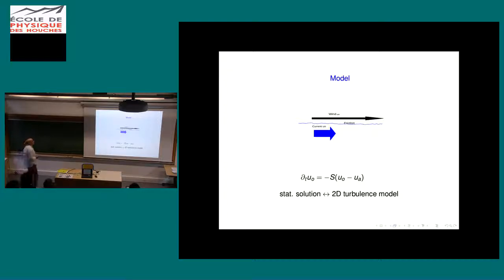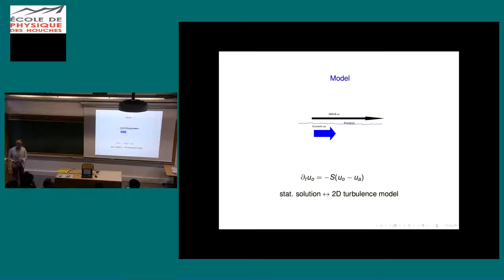If you look at this equation, it is a Langevin equation. You have the atmosphere here, which is moving very fast, and you have the ocean here, which actually dissipates. If you multiply this equation by UO, what you get is UO dUO/dt equals minus S UO squared minus UA UO, and the left side is actually 1/2 d/dt of UO squared.